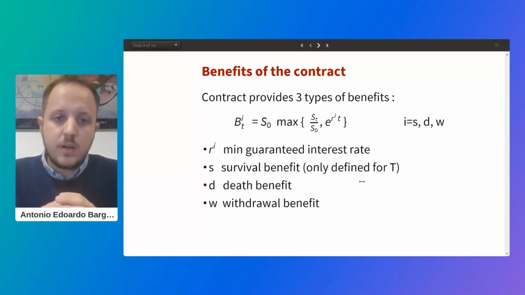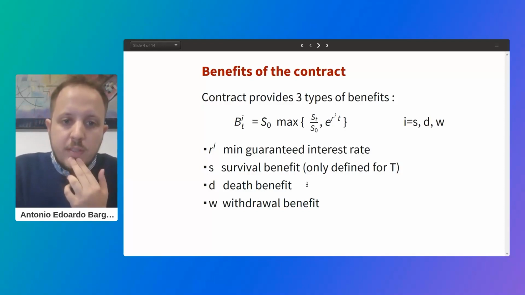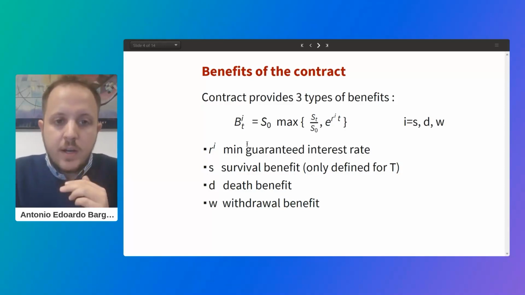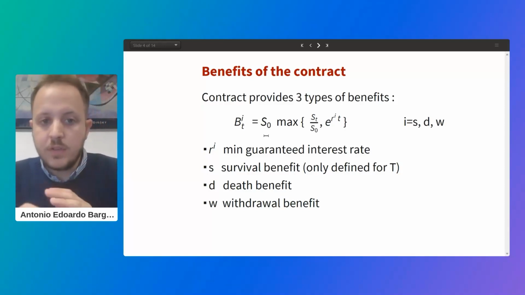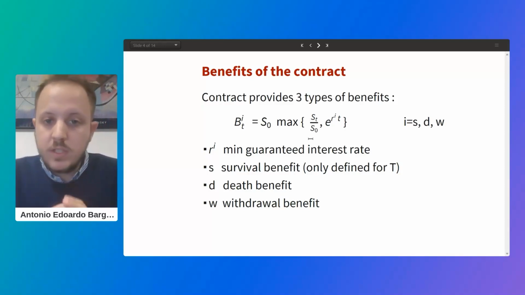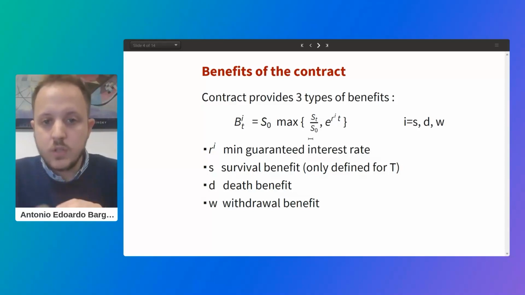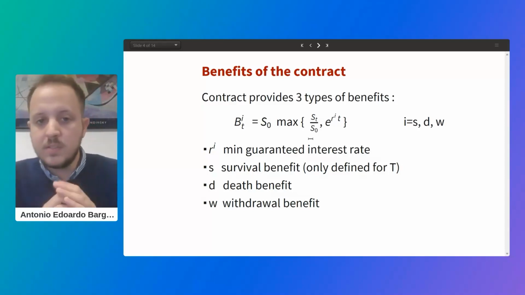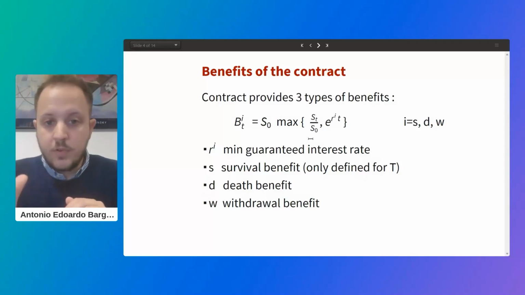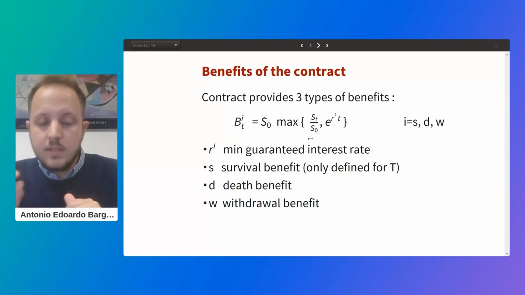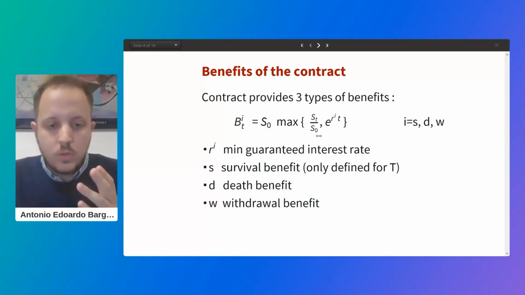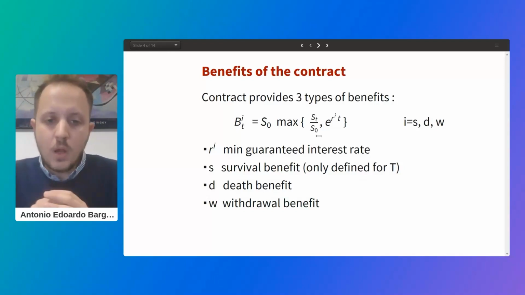In particular, as you can see here, this formula tells you that the benefits are equal to the initial value of the reference asset times the maximum between the first quantity, which is the performance of the reference asset. If this ratio is greater than 1, it means that the asset is performing better than the initial price, and this is good for the policyholder.